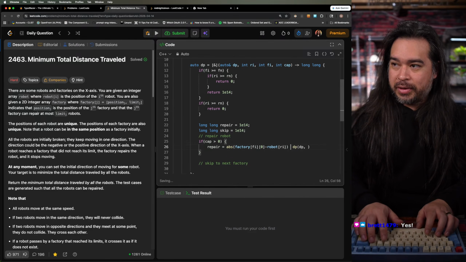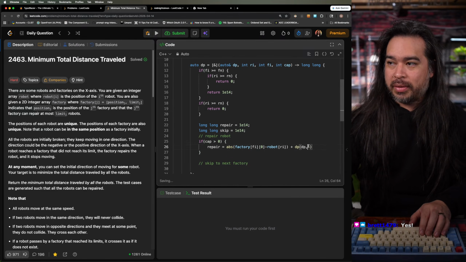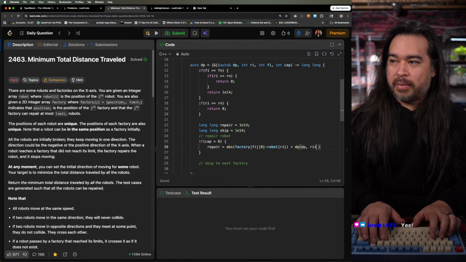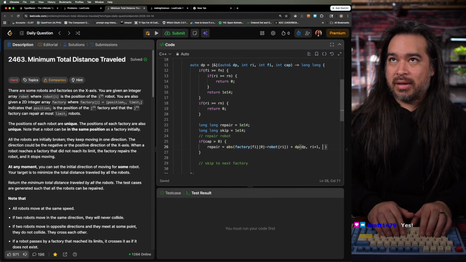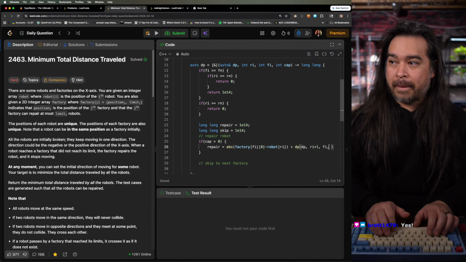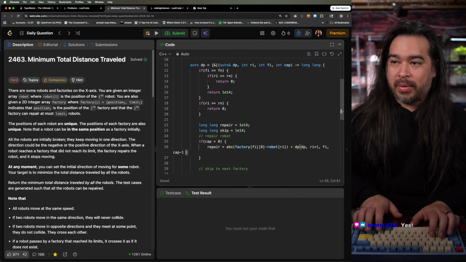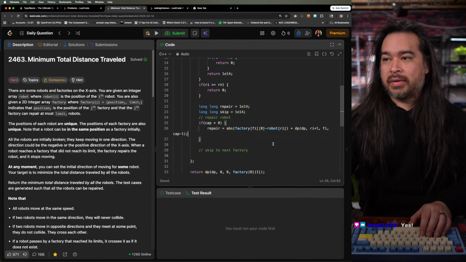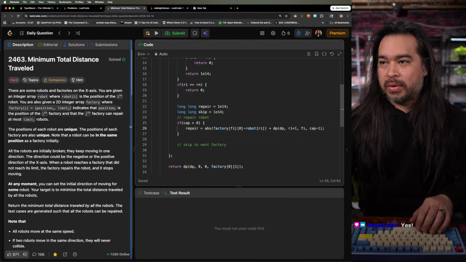So that's how much distance we're adding for that robot. And then we have to increment the robot index, and our factory index stays the same, and our cap decreases by 1. So that's if we choose to repair.